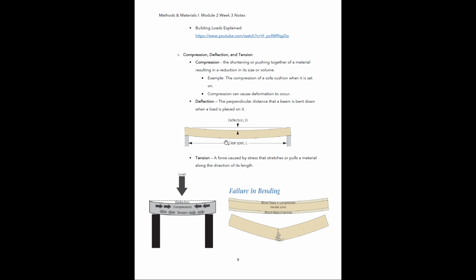This is the picture from the book, and basically what you're seeing here is two columns or exterior walls, and then a beam spanning the two of these. Let's say we have a floor above this, and all the weight that floor is carrying is going to be applied to this beam.